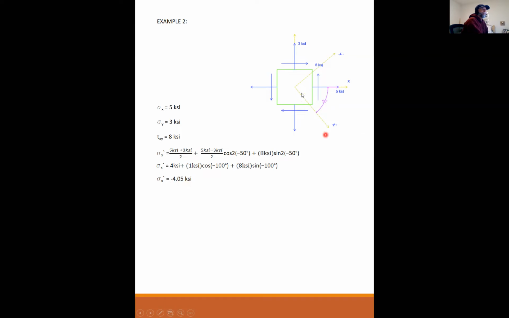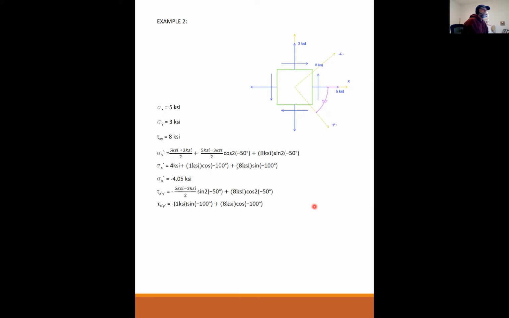Now, isn't that interesting? At minus 50, and this is drawn to scale, by the way, so this really is 50 degrees, at the x prime axis, I've gone from positive 3, positive 5 to minus 4. This element is actually in compression along this direction here. And my shear stress, I put in all the values through the equation, and I get my shear stress is equal to minus 0.404 KSI along that face.